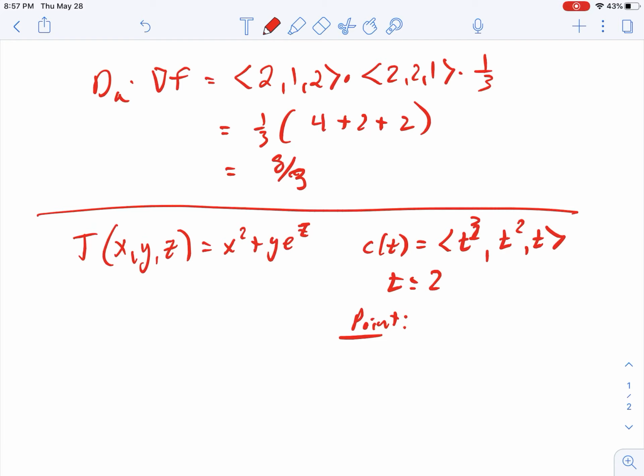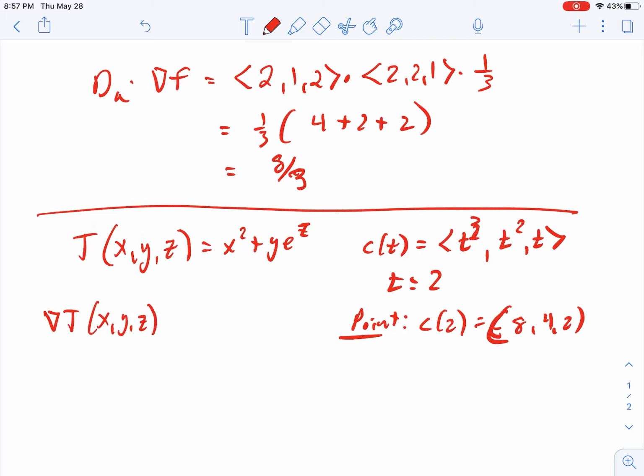Okay, so basically the point can be found quickly to plug into my function by finding c of 2. So therefore my point, and I guess I could write it with parentheses there, is now 8, 4, 2.